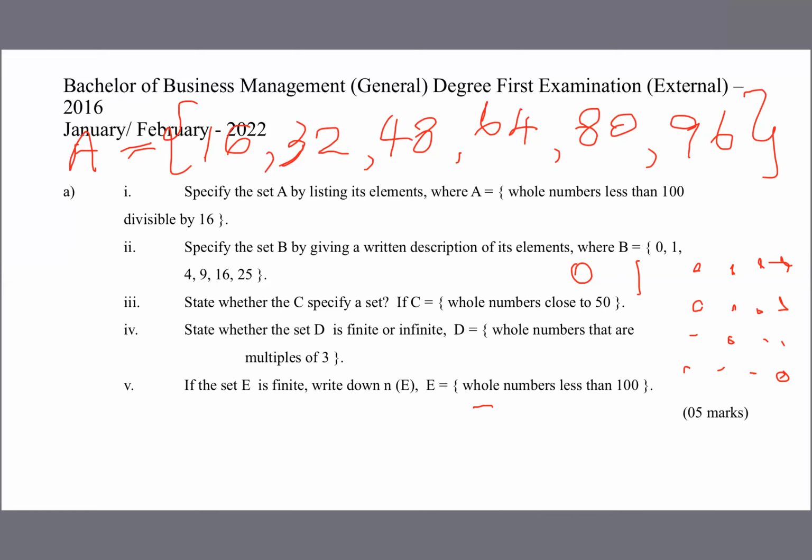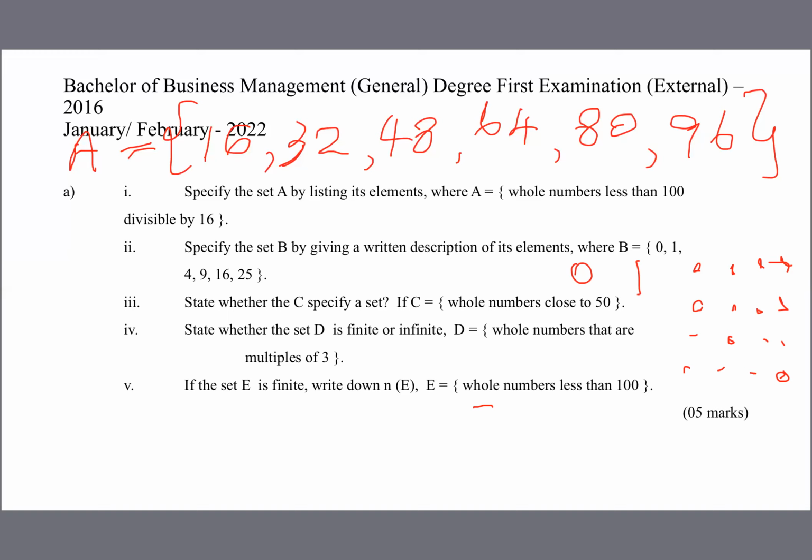So that is infinite, no? It is an infinite set, because whole numbers that are multiples of 3 have no limit, right? Where do we stop? So therefore we can say it is an infinite set.